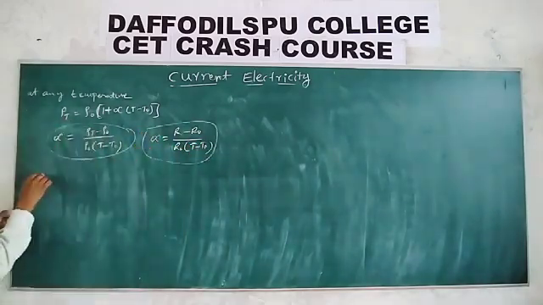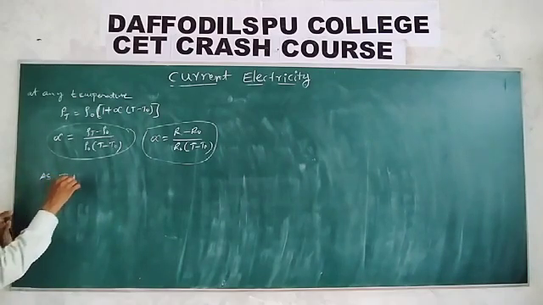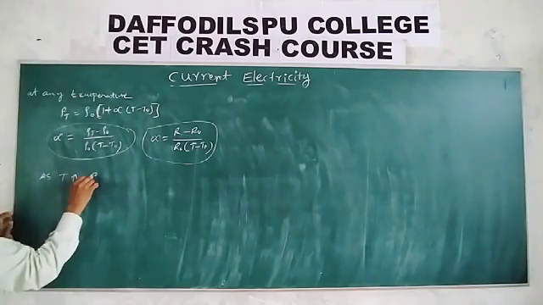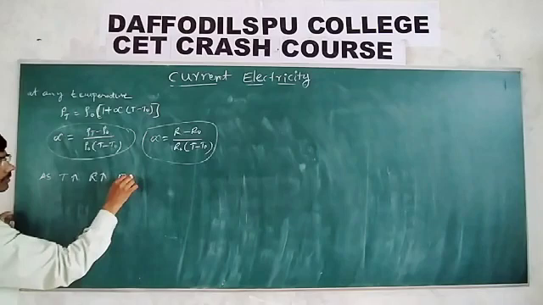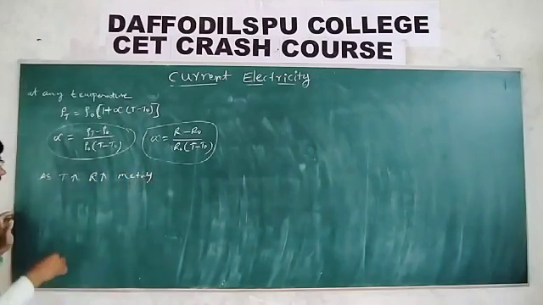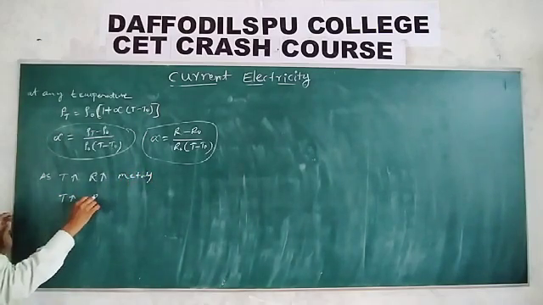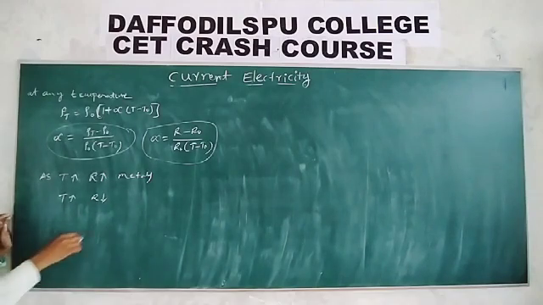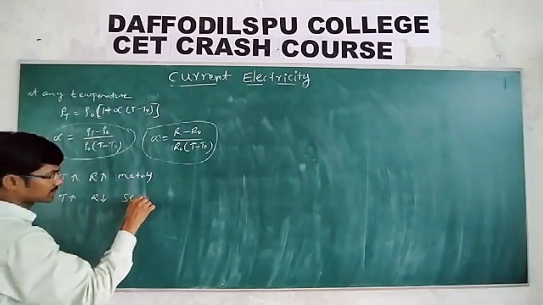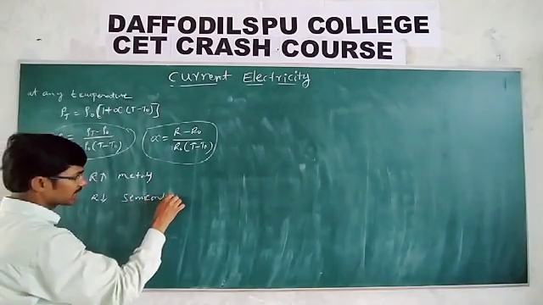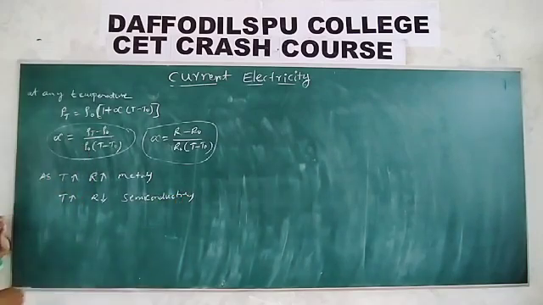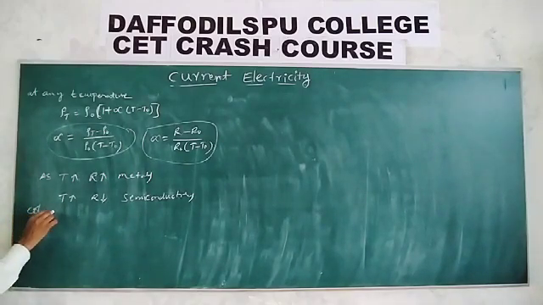Variation: now what happens? As temperature increases, resistance increases for metals or conductors, whereas if the temperature increases, resistance or resistivity decreases for semiconductors. Similarly, how can you represent this?